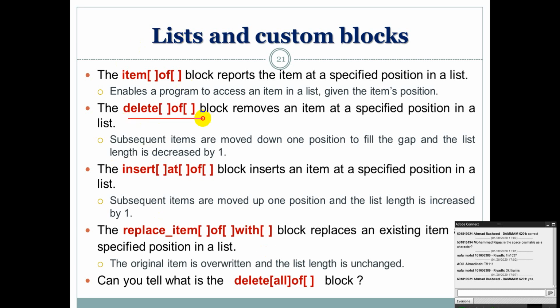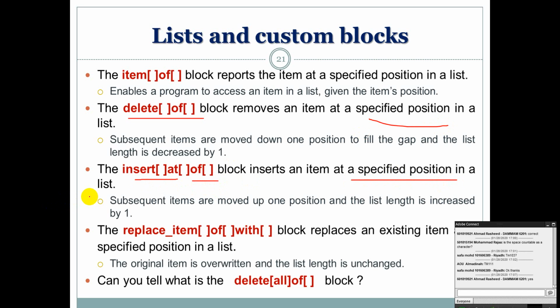And then delete of, delete a particular item at a specified position. Insert add of the block. Now this block will help you to insert an item at a specified position in the list. Okay, at a specified position.